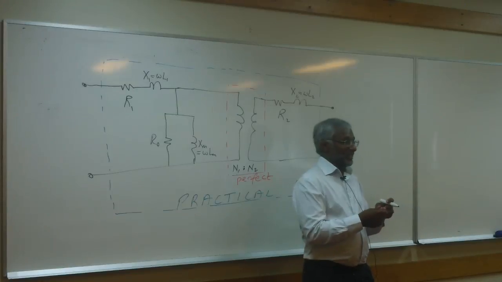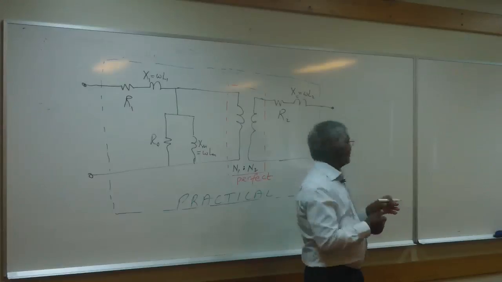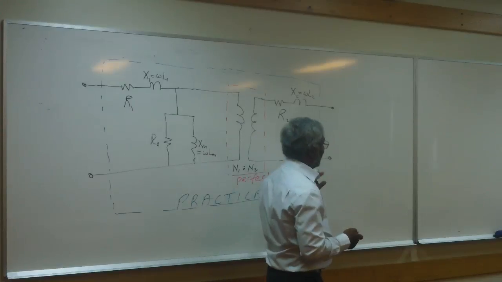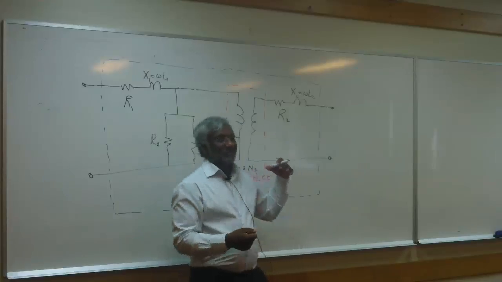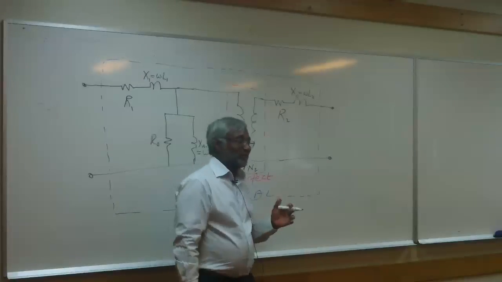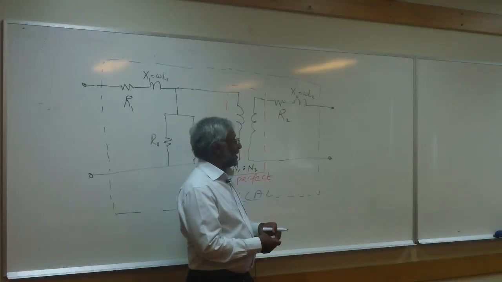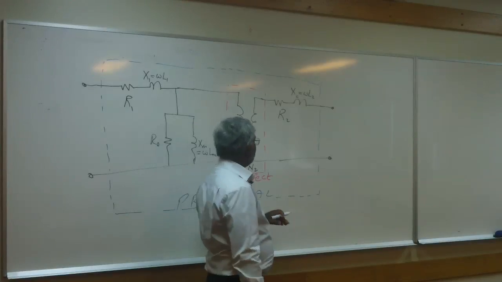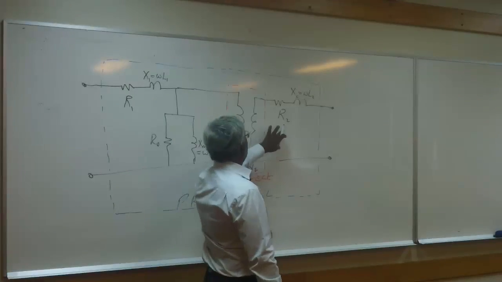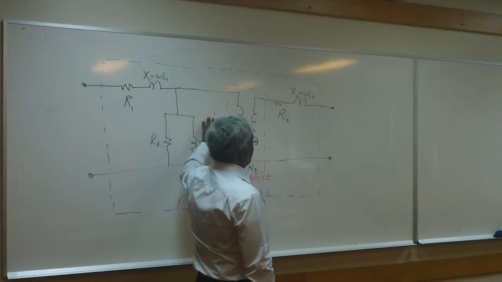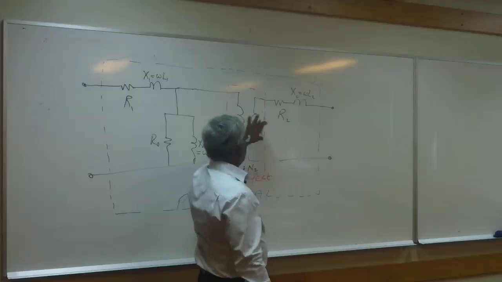So it is still an exact situation when you do that, which I'll show you soon. You're still keeping all your calculations exact. So what do we do? We say we refer this to the other side, or vice versa, but for simplicity, we'll go to the primary.